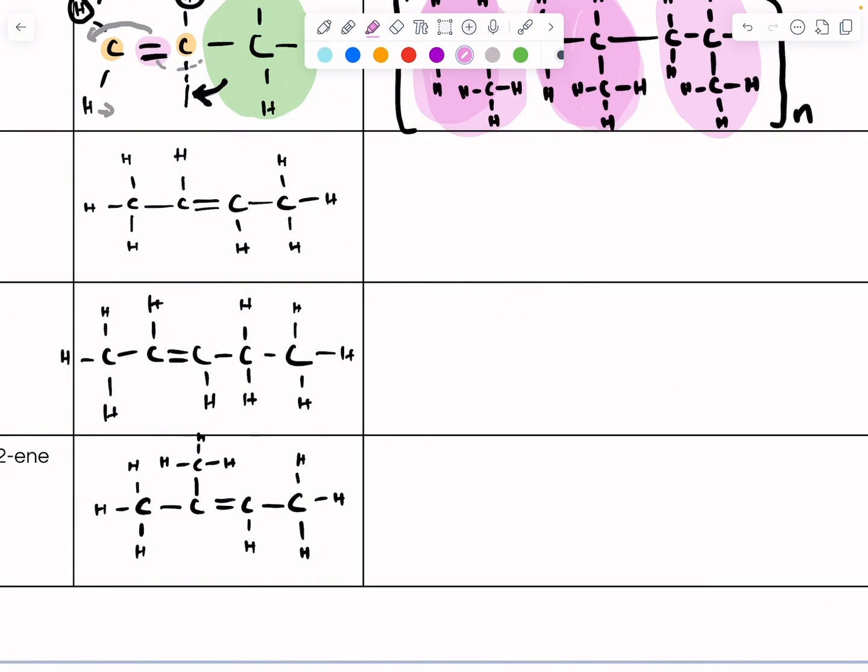Again, let's acknowledge where that double bond is. We have to open up that double bond and make sure that there's room beside each of the carbons in the double bond. As you can see here, we have some obstruction going on. There's this group, and then there's this group that we need to clear.